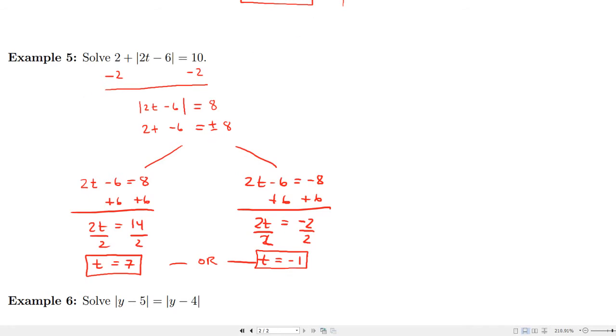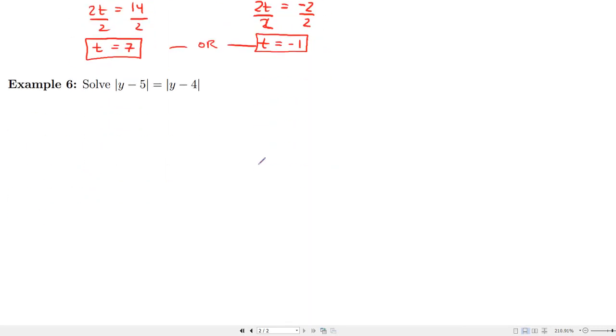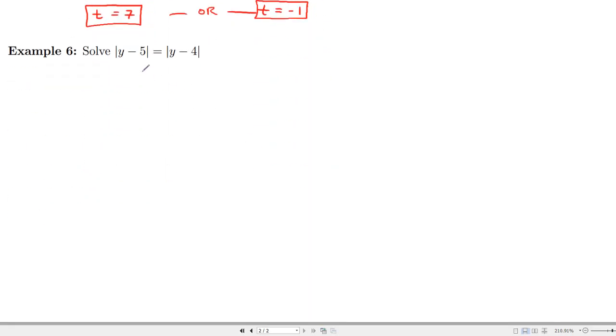All right, so now let's look at quite an interesting situation. So see, we have two expressions that have absolute values. They're already isolated. So what happens when we get rid of them? Well, using the same technique as above, we can drop the absolute values and we'll introduce a plus or minus into the situation.